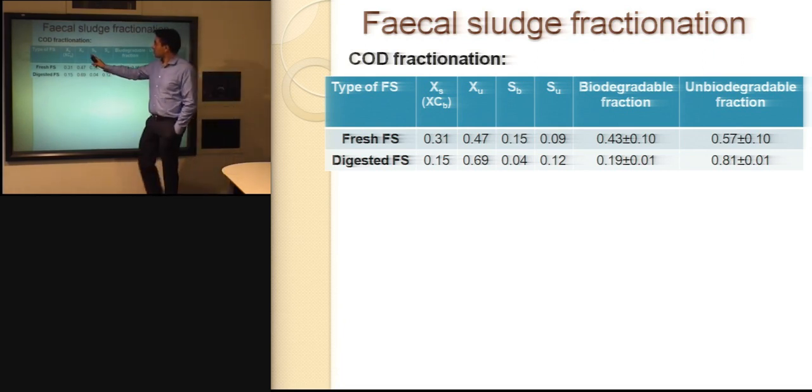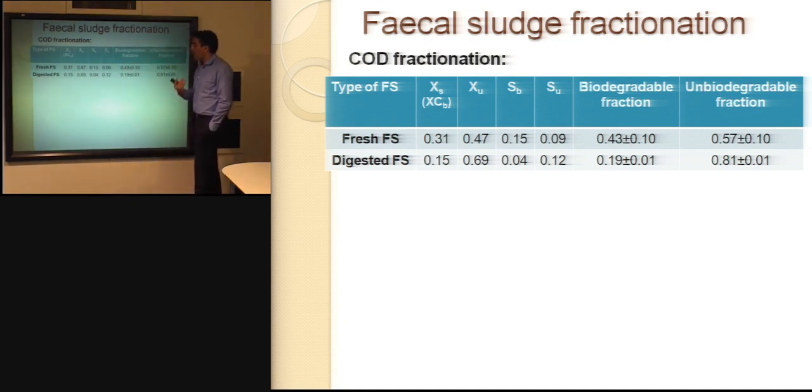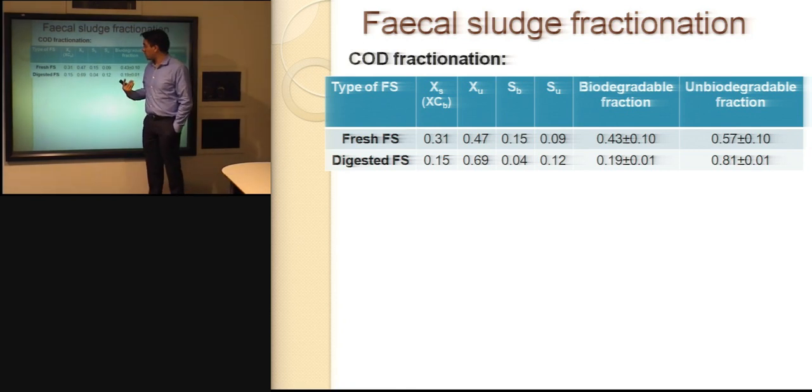For example, here we have two particulate or suspended fractions: the ones that are non-degradable or unbiodegradable, and the ones that are degradable. The degradable fractions in fresh and digested sludge are about 0.31 and 0.15 respectively, while the unbiodegradable particulate fractions comprise most of the organics present in fresh fecal sludge, almost 50%, and almost 70%, or 0.70, in digested fecal sludge.